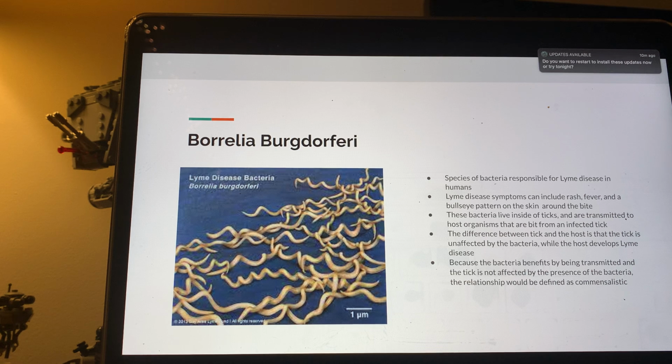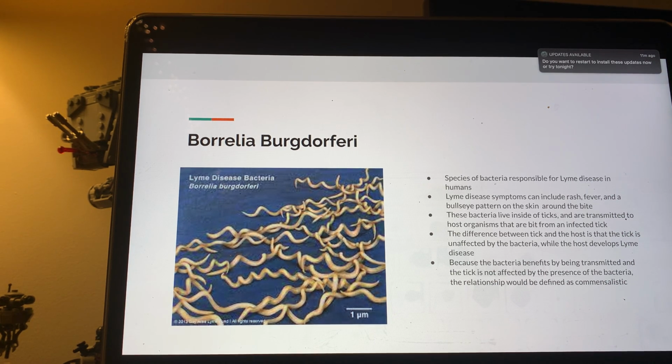But these bacteria live inside of the ticks and are transmitted to the host organisms through the blood that is taken in by the tick. So while the tick is taking in blood, there's also a certain amount of things from the tick that are getting put into the blood, one of these things being the Borrelia burgdorferi. The bacteria are majorly benefiting from being transmitted, right?